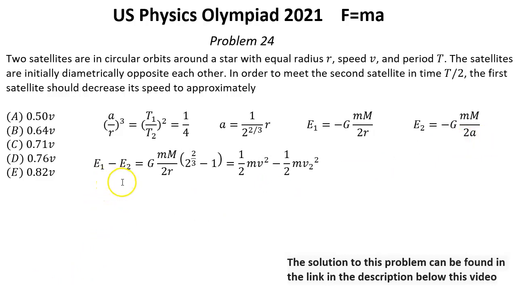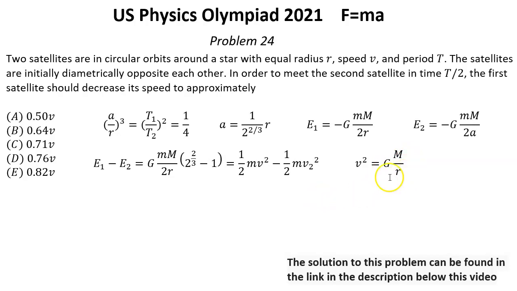E1 minus E2 equal this expression, or because in the initial points potential energies are equal, that will be the difference in kinetic energies. Also we can use the expression for a circular orbit, that v squared equal G multiplied by M over r.